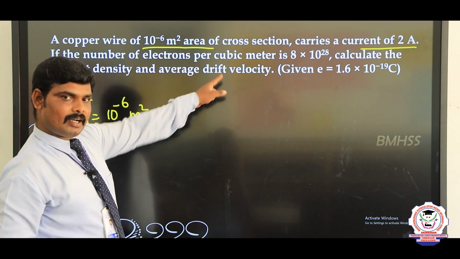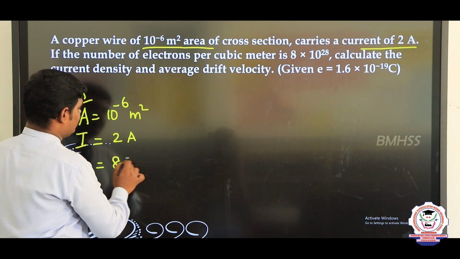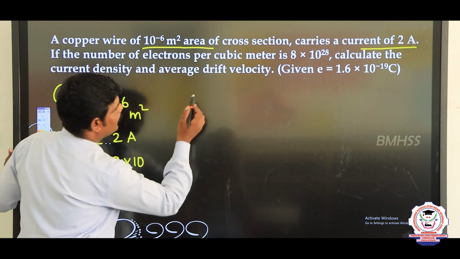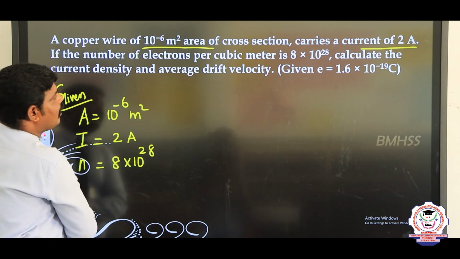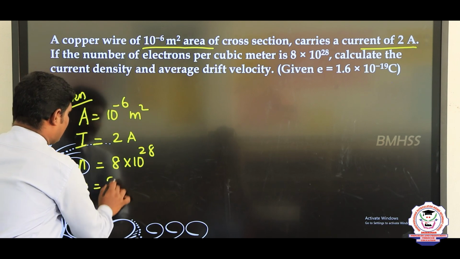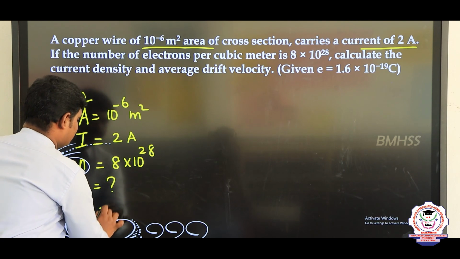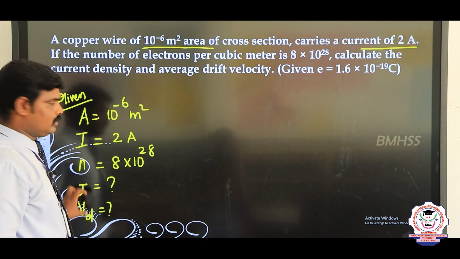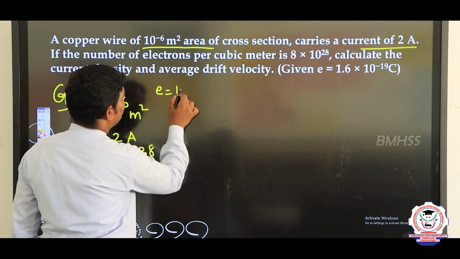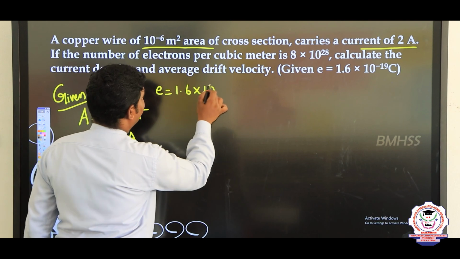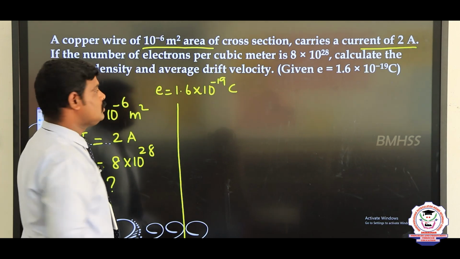Number of electrons, small n, is equal to 8 into 10 to the power 28. Our question is J and drift velocity. We should find these two values. The constant e is equal to 1.6 into 10 to the power minus 19 coulomb. Solution.